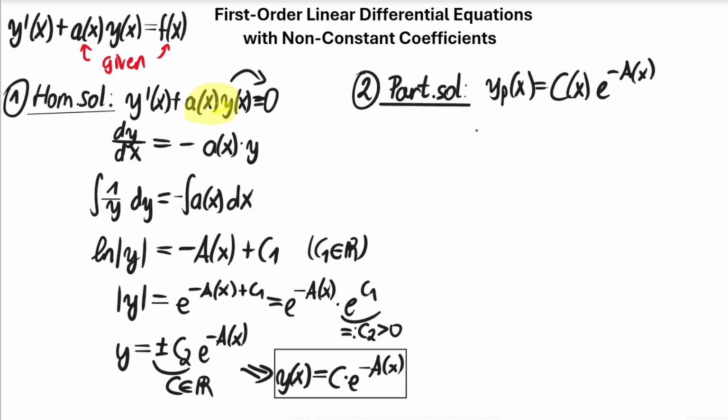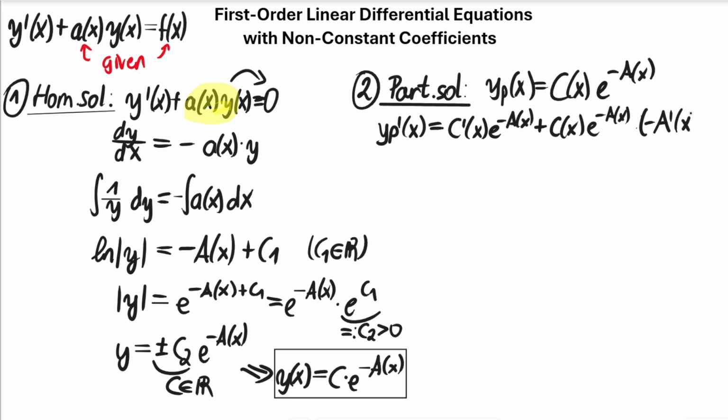So we need in this method also the first derivative. We can prepare it using the product rule. So derive the first factor, copy the second factor, copy the first factor, derive the second factor, and here you have the inner derivative, which is in this case minus A prime of x.